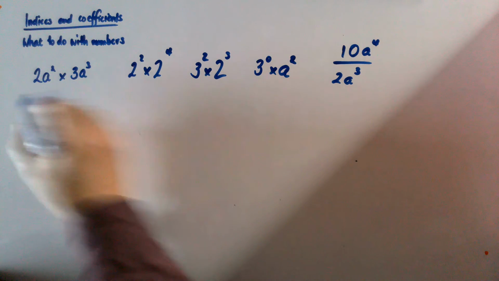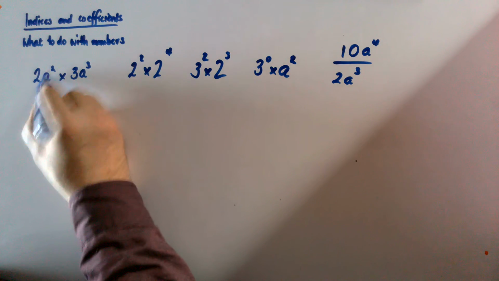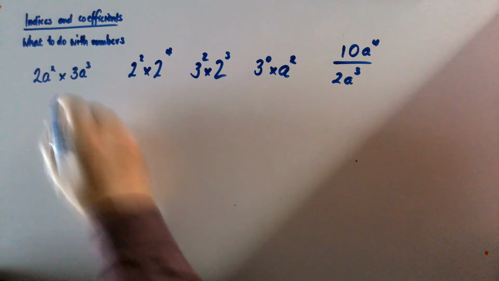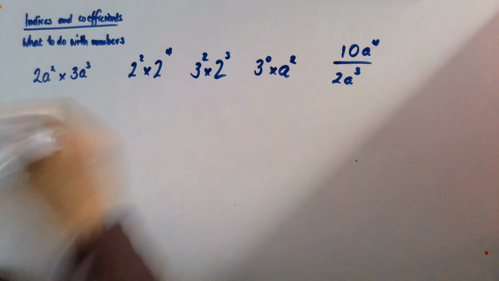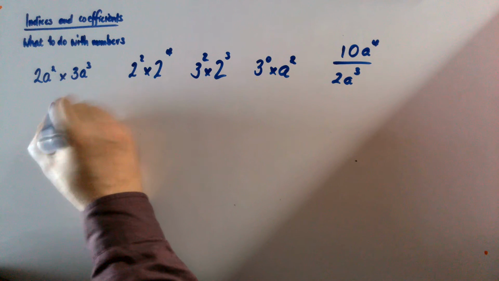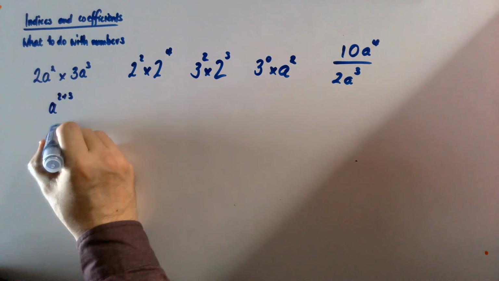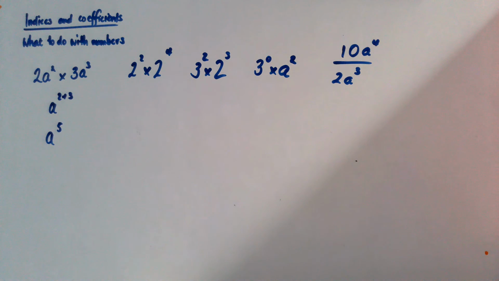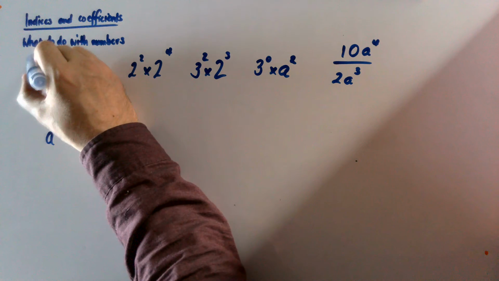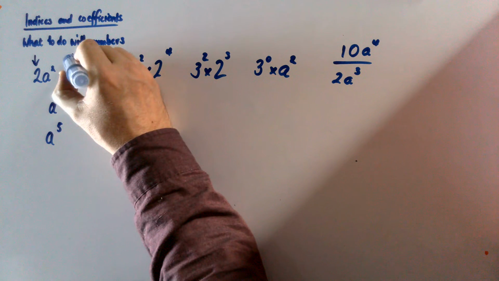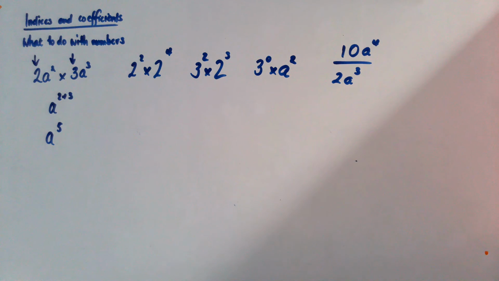have numbers. So if we look at this one here, we've got our a squared and our a to the power of 3. So we're very familiar with the first law and knowing that all we have to do with those two numbers is of course add them together, and that gives me a to the power of 5. But what do I do with these two things? Well, funnily enough, whenever I do these, I see it as two separate questions.